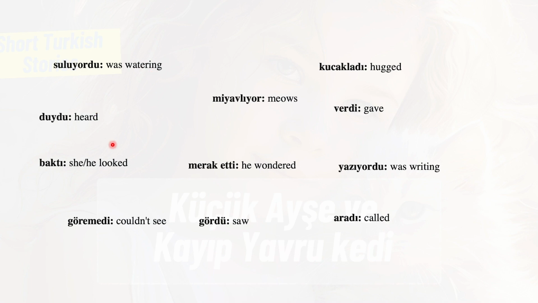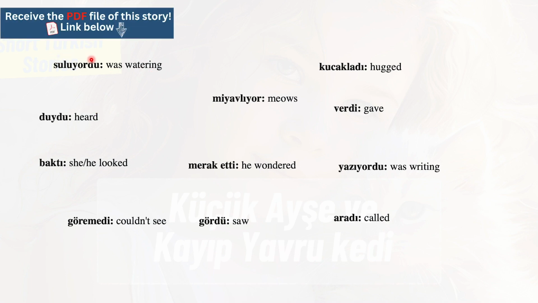The words that pass in the story: suluyordu, which means was watering. Sulamak and uyuyor, we said this. We know always, if you're watching the Turkish stories I am posting, it means the şimdiki zaman, which is the present continuous tense, and di is the past. So was watering. Duydu, heard.